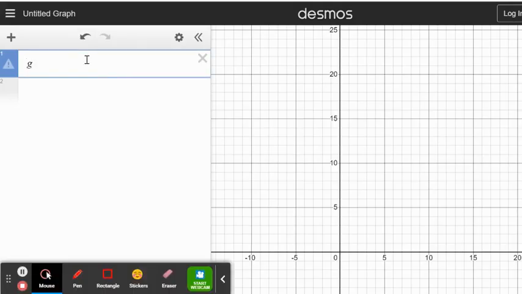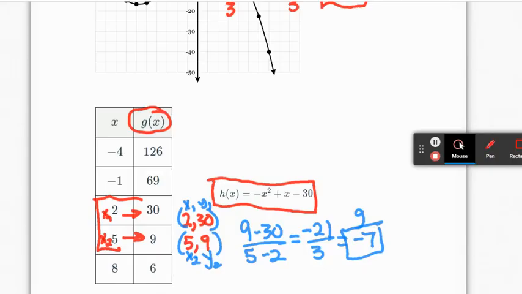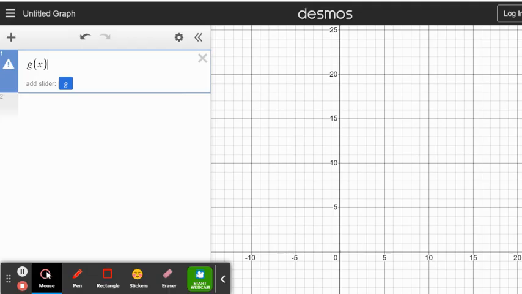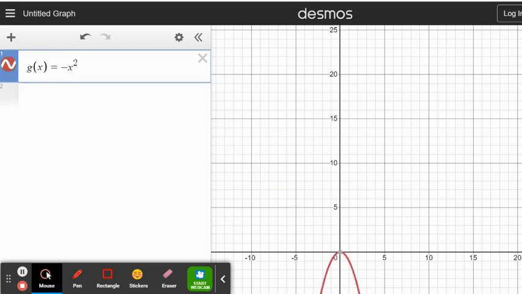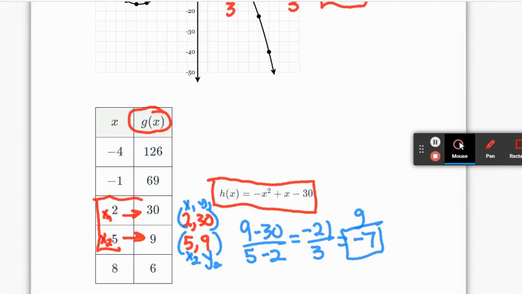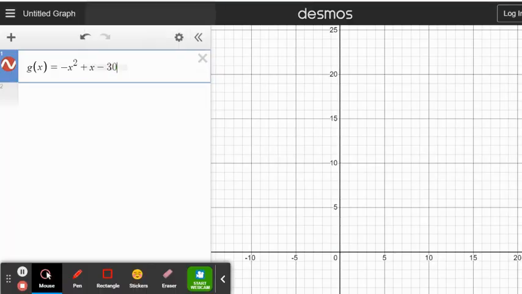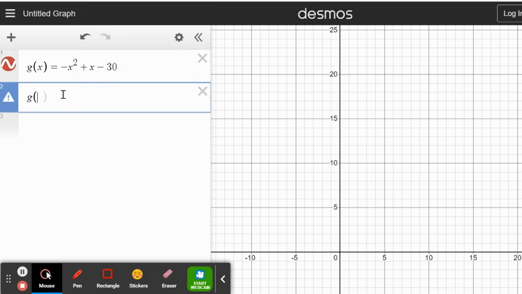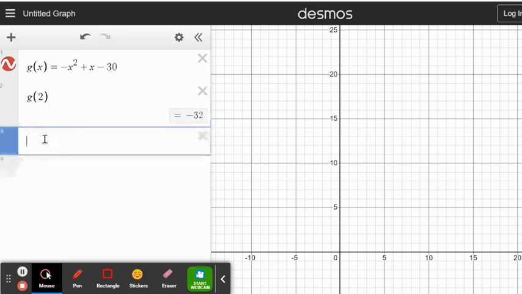I've got h of x equals -x squared plus x, and then minus 30, I believe. And then what I need to do is find h of 2 and h of 5.